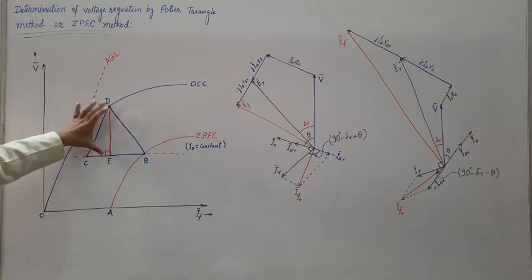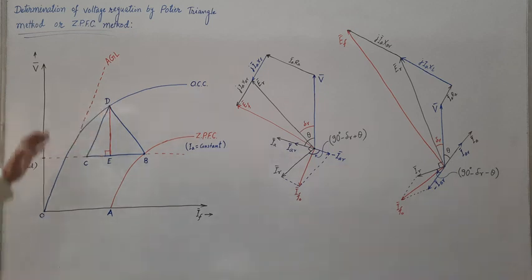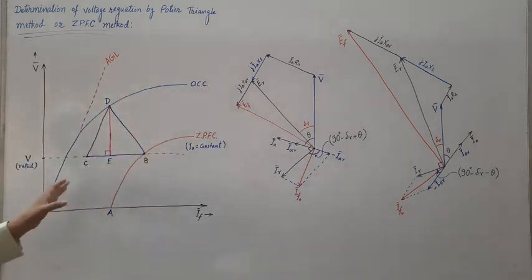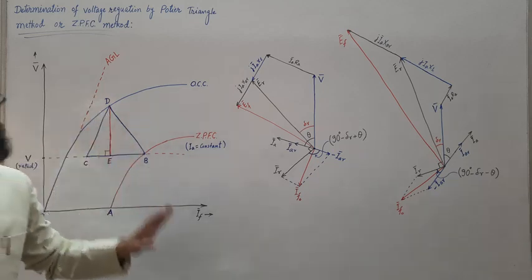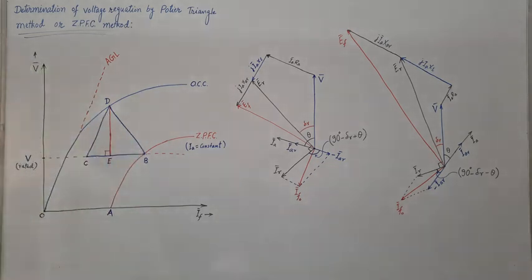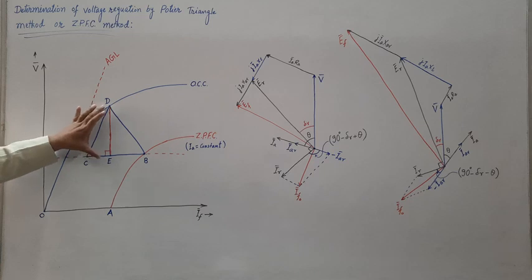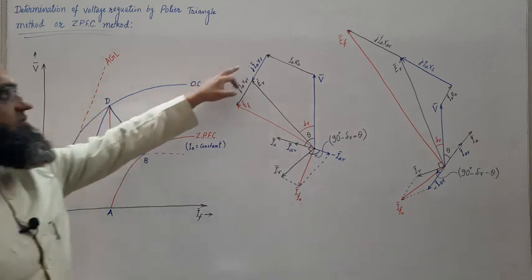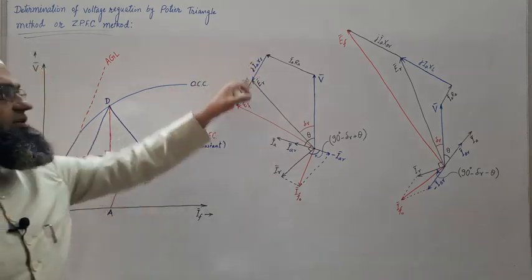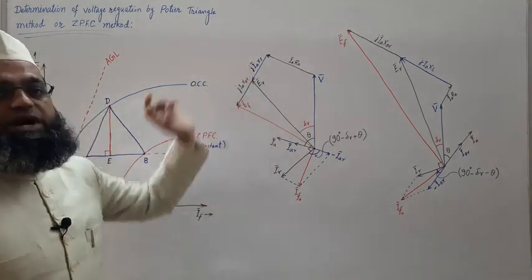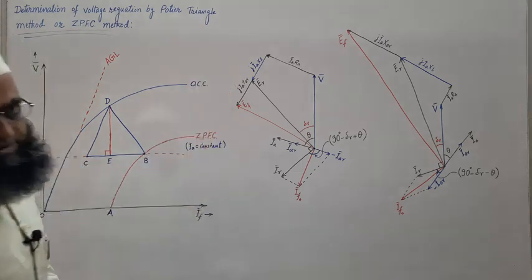So once this side is known, after performing these two tests, we may form this triangle on graph paper and get the value of DE. This gives IAXL. Once this IAXL is divided by the rated armature current, we will get the value of XL.